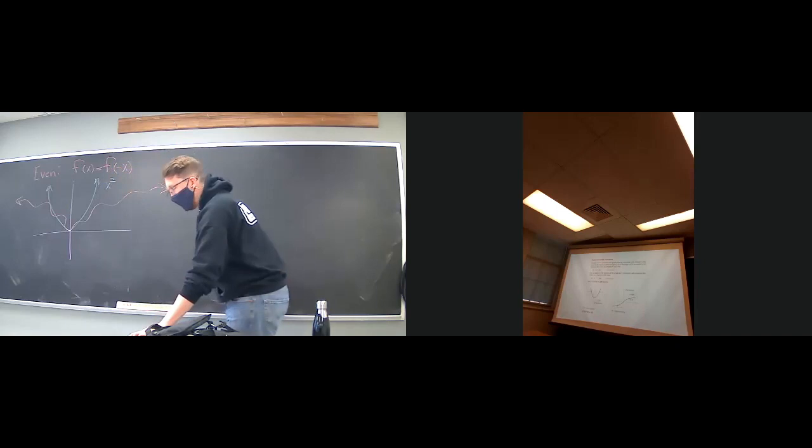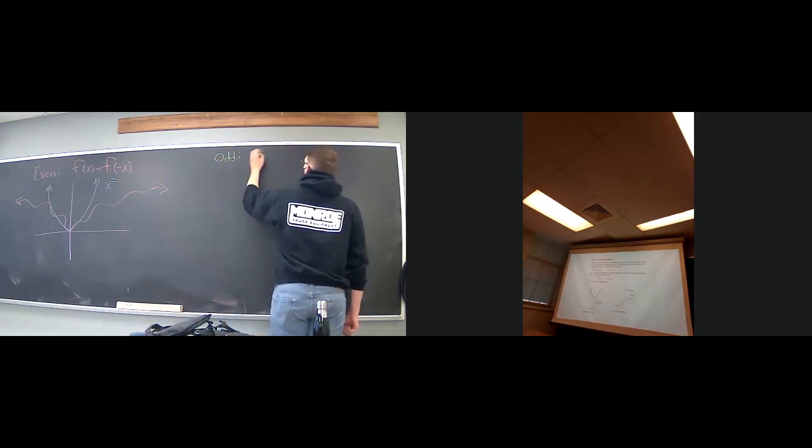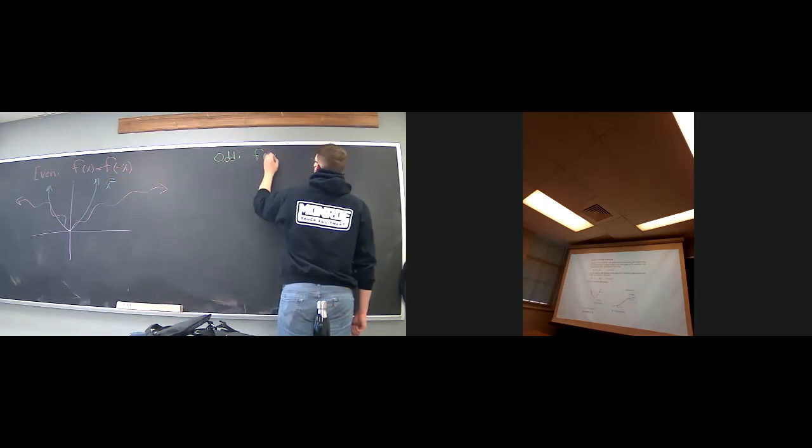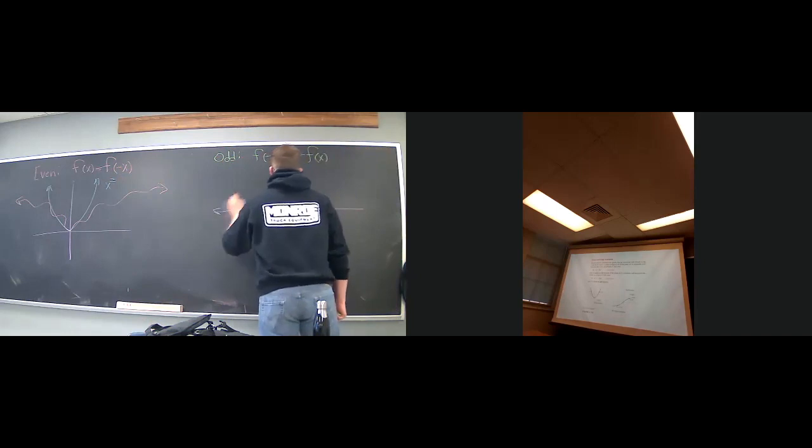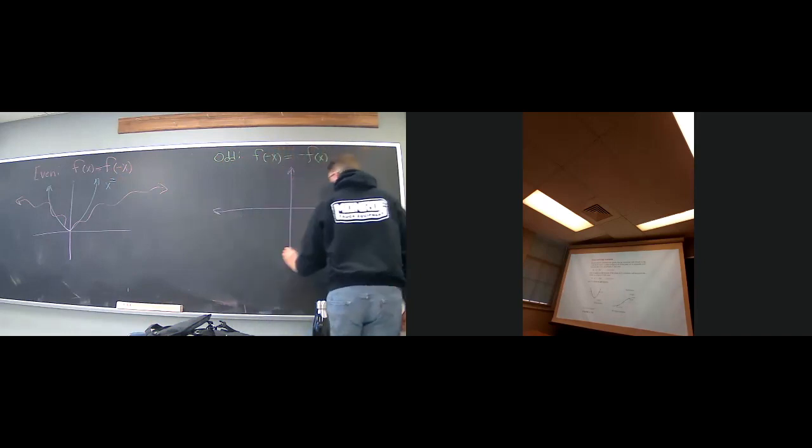Now, an odd function is a function such that f of negative x is equal to negative f of x. These things are a little bit harder to spot by looking at them on the graphs, but once you know what you're looking for, they're pretty simple.